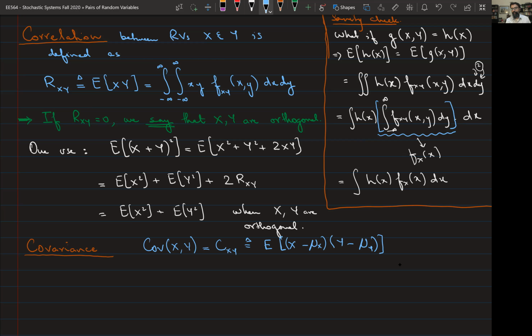And this would really then be a double integral. This is x minus mu x times y minus mu y times fxy of x, y times dx dy. Right?